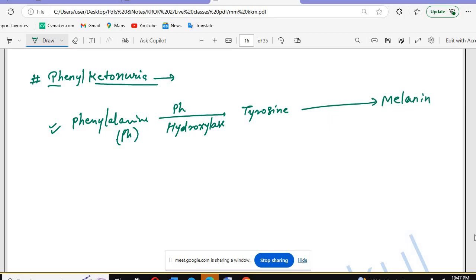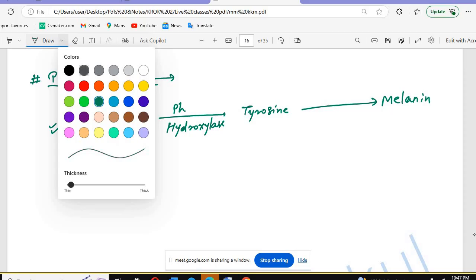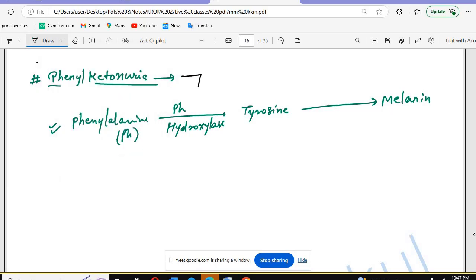In the case of phenylketonuria, this enzyme, phenylalanine hydroxylase, will be deficient. If this enzyme is deficient, tyrosine will become an essential amino acid.